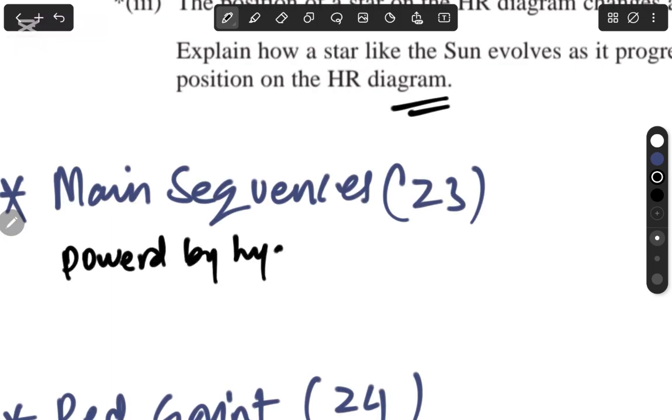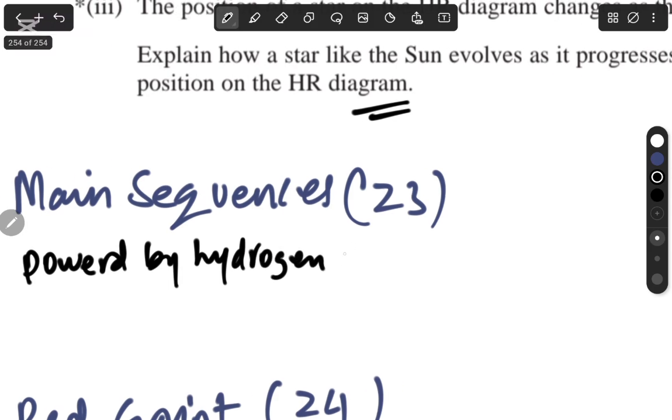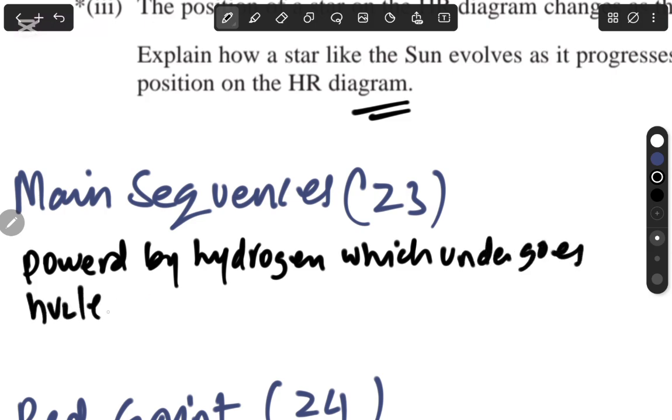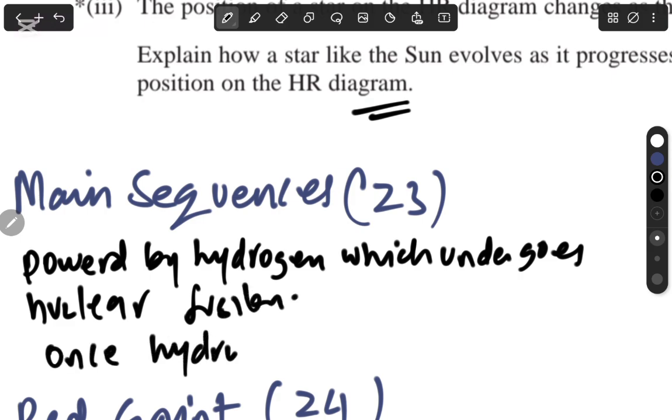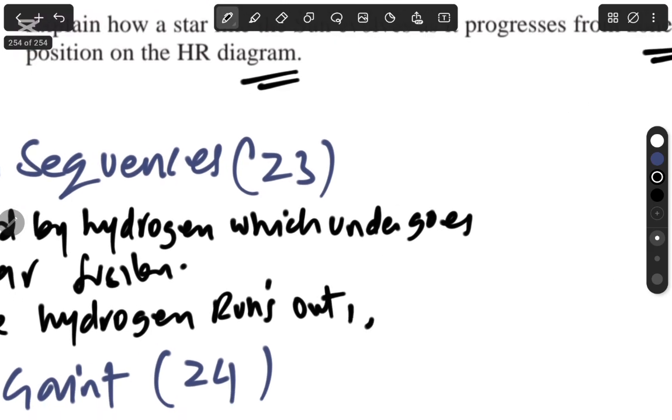Now, the main sequence star is powered by hydrogen, which undergoes nuclear fusion. Now, once hydrogen runs out, the fusion will cease.